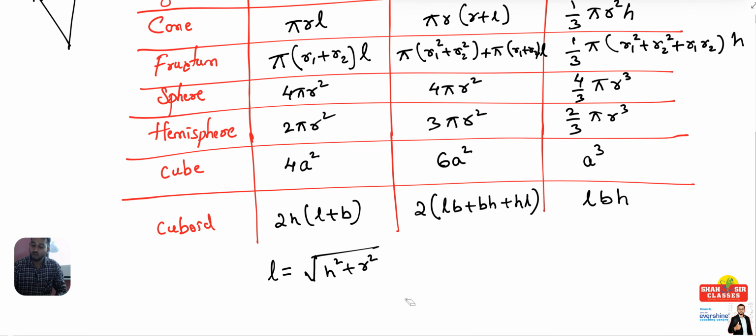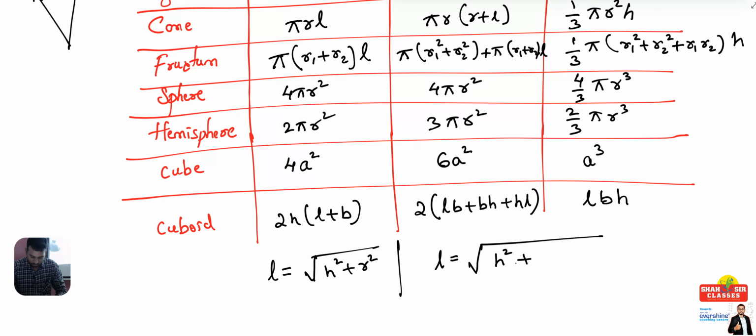Yeah, very good. Now take down. Again, one more formula to find the L. This is frustum of a cone. In case of frustum of a cone, if you want to find L, L is equal to root of h square plus, instead of r square, what we should write? R1 minus R2 whole square.